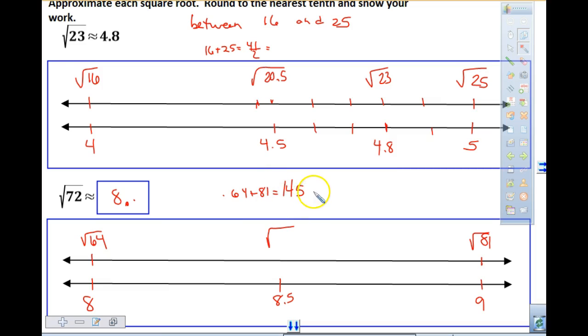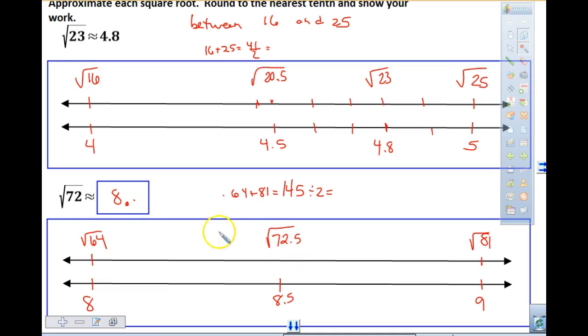I need to find half of that, right? Dividing it by 2. What do I get? 72.5. Okay, does that make sense to everyone? 2 goes into 14 7 times, 2 goes into 5 2 times, and then since it's 5, it's 2 and a half. 72 and a half.